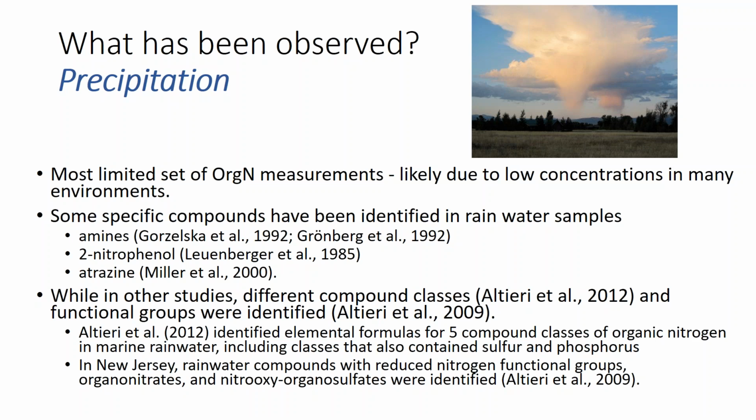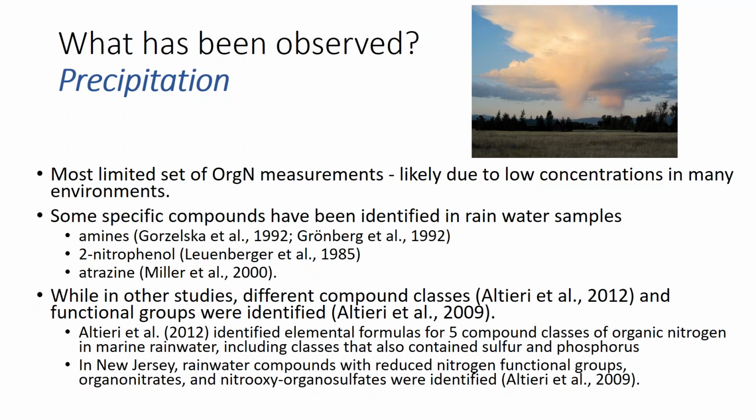The amount of precipitation that falls can really affect the concentrations that are measured, whether inorganic or organic compounds. Some groups have been successful measuring amines, 2-nitrophenol, and atrazine, for example, but specific compound analysis is not very popular in rainwater samples because it is so difficult due to the low concentrations.